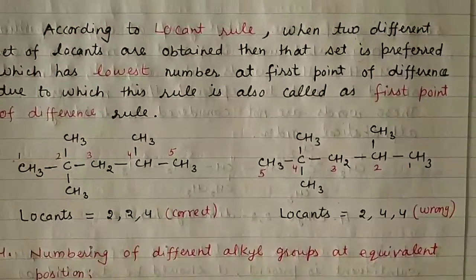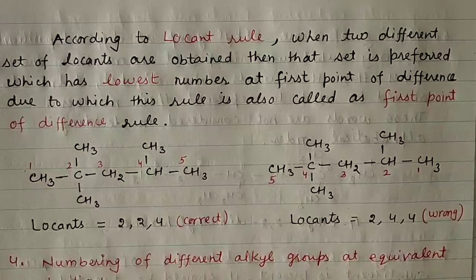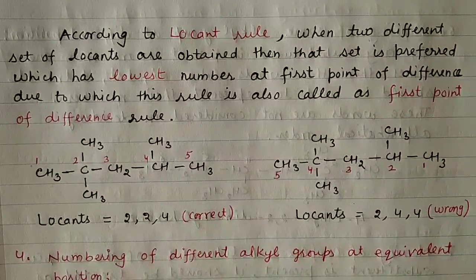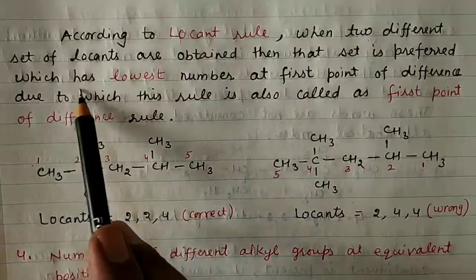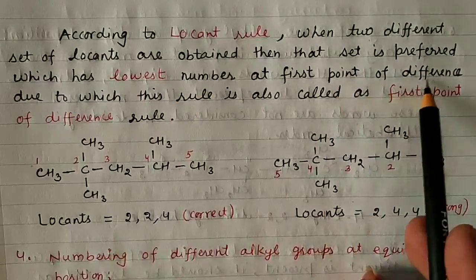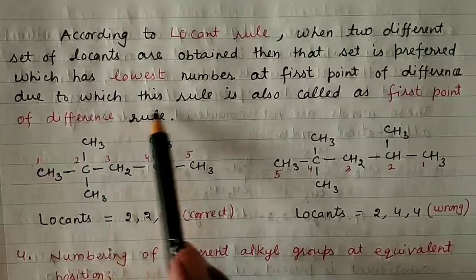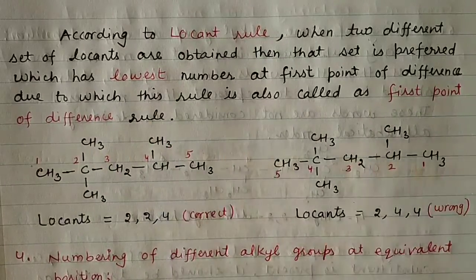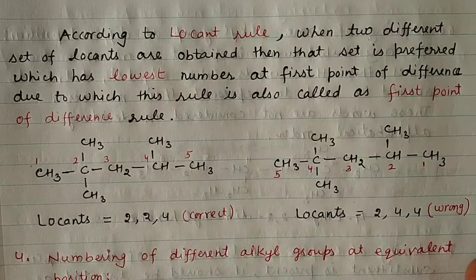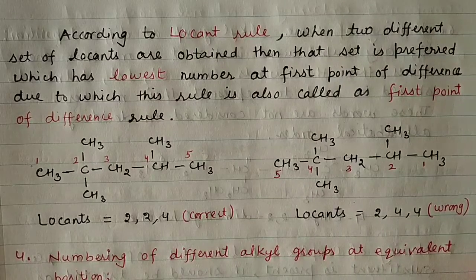Now if we look at the locant rule, according to this, when two different sets of locants are obtained, then that set is preferred which has the lowest number at the first point of difference, due to which the rule is called the first point of difference rule. So another name for the locant rule is the first point of difference rule.